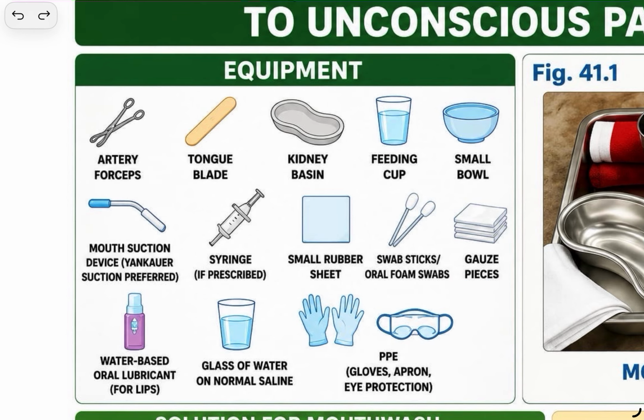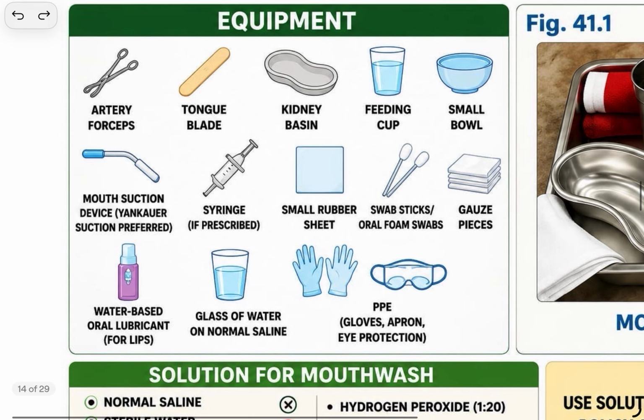Are you understanding? Another one is water-based lubricant oral jelly, to prevent cracking of the lips. Next, a glass of water or normal saline, in order to soak the gauze piece. Not to pour, in order to soak the gauze piece. Next one is two pairs of gloves, not two gloves, it is 2 pairs of gloves.